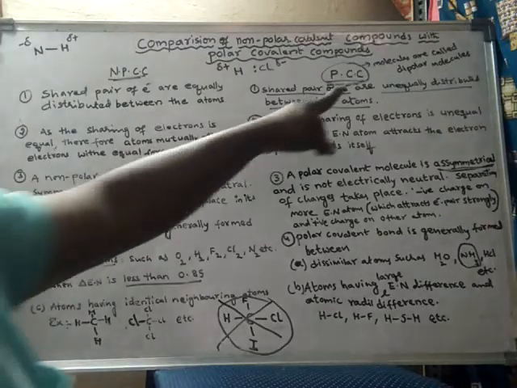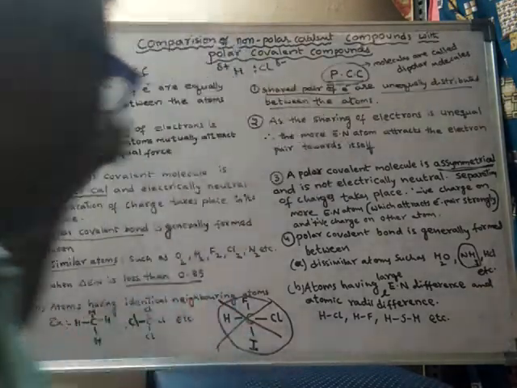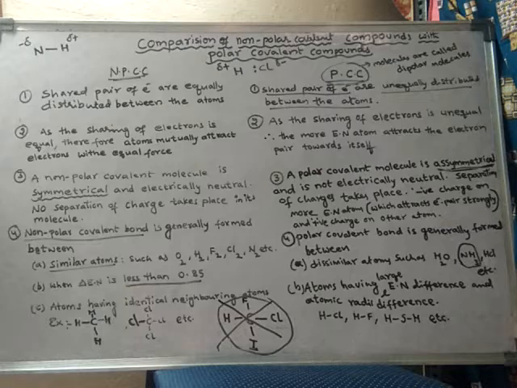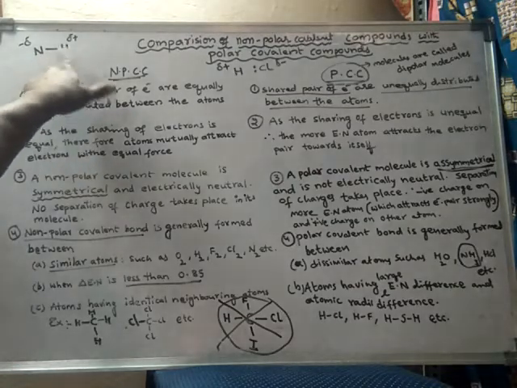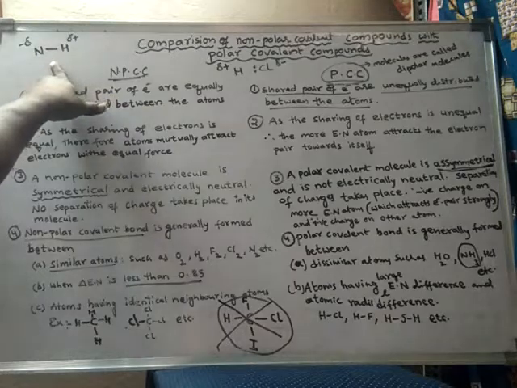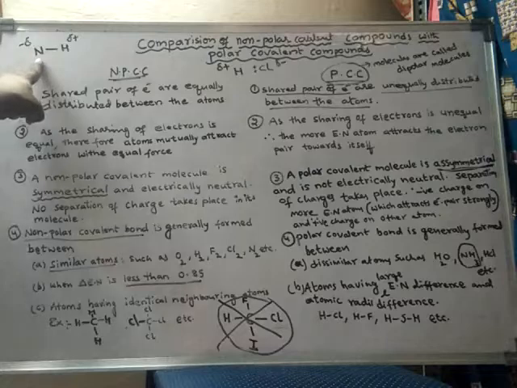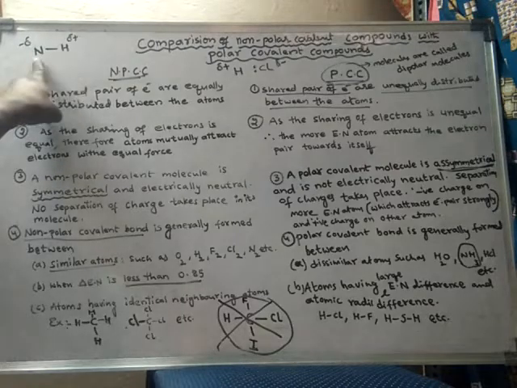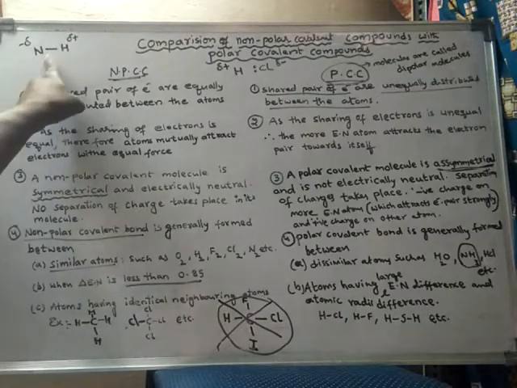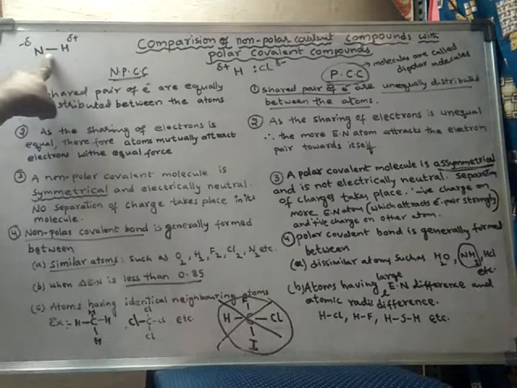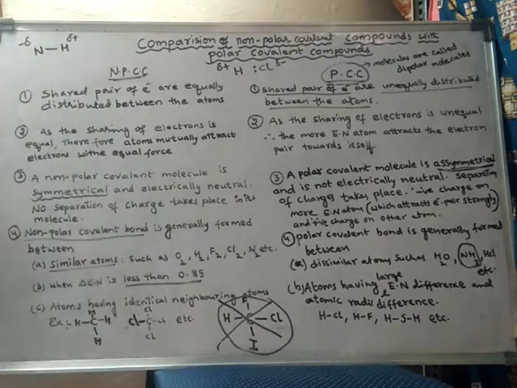Hence, such molecules are said to be dipolar molecules. See, there are two centers of charge. This is a center of positive charge and this is a center of negative charge. So there are two centers of charge on each bond.